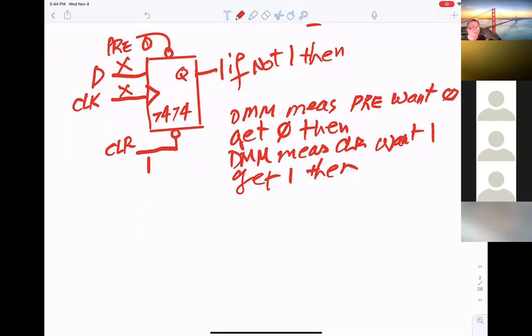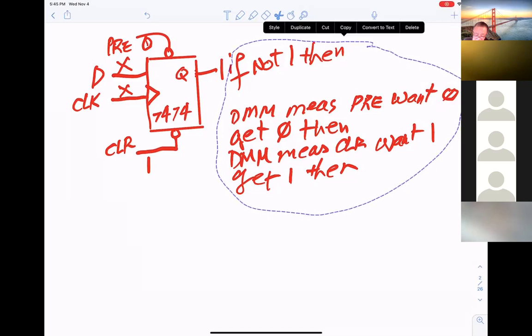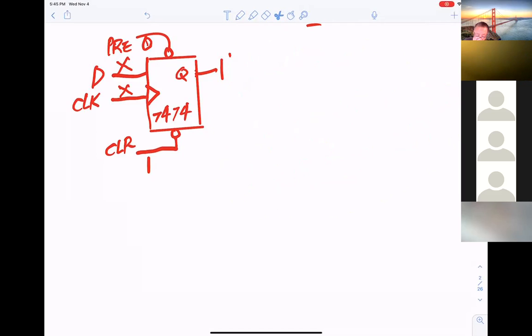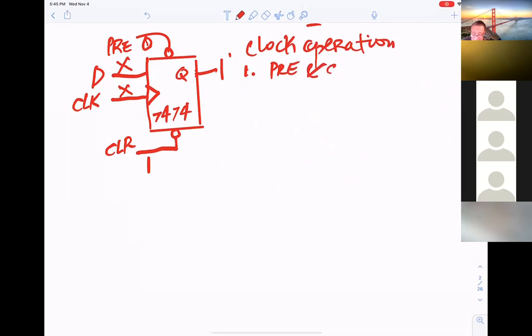And now for the clock operation. Number 1: PRE and CLR must be 1.